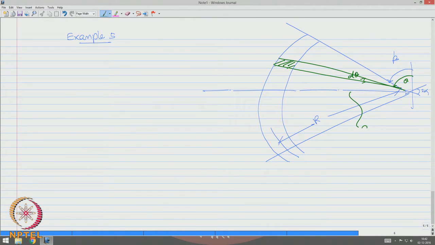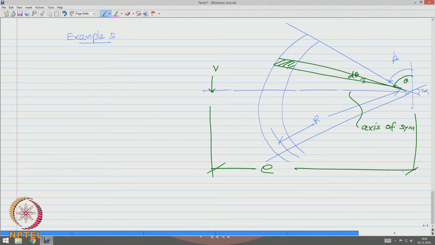So, this becomes my axis of symmetry. Let us say my load is applied here, and let this be the distance E, the distance of shear center. So, now the objective is to find E, locate the shear center for the section.